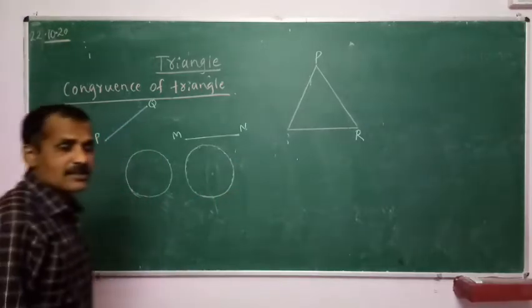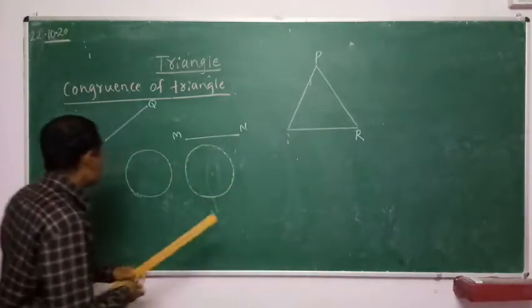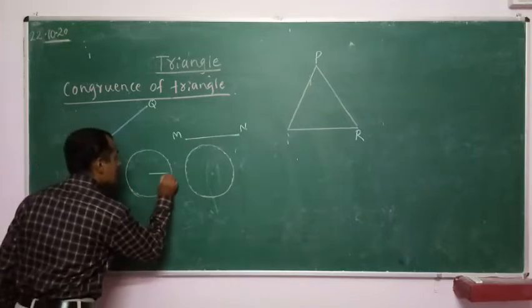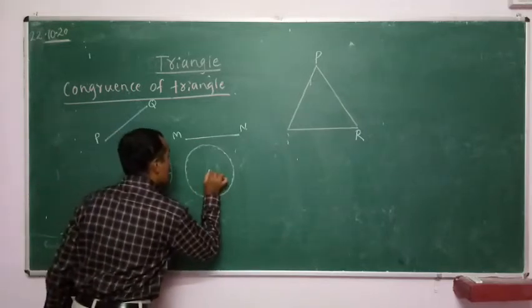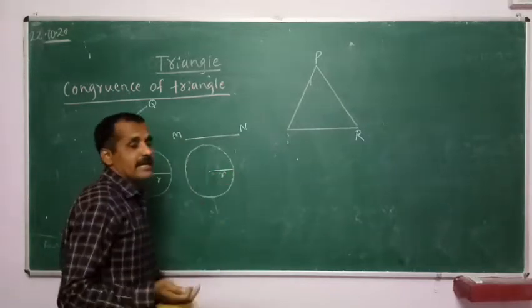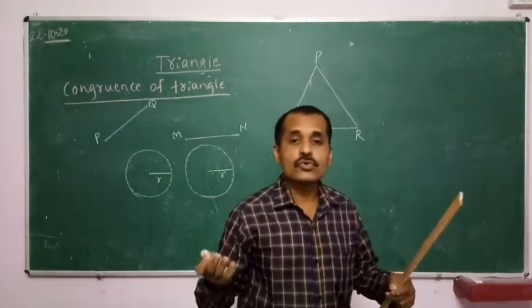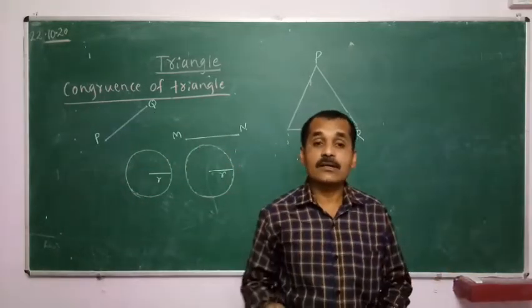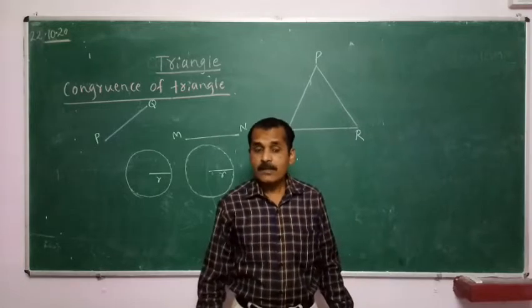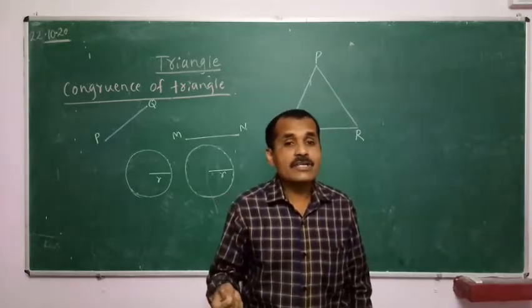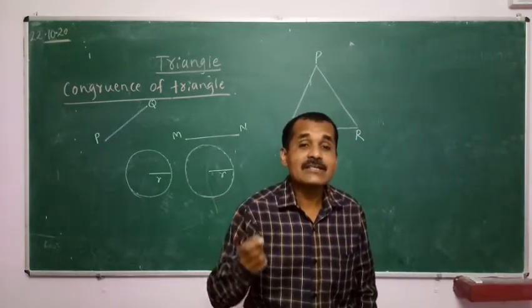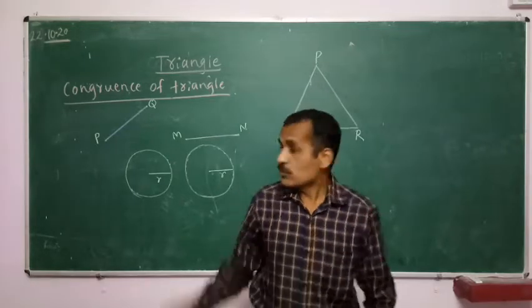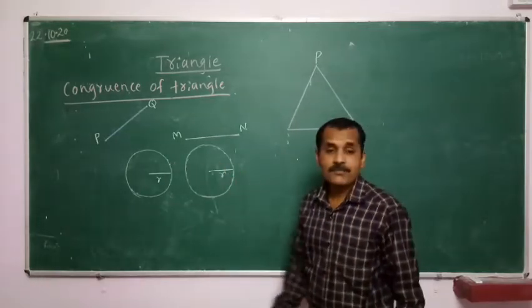If these two circles have the same radius, then we can say those two circles are congruent circles. What do you mean by congruent circles? Two circles are said to be congruent if their radius is the same. So this is about congruent circles.